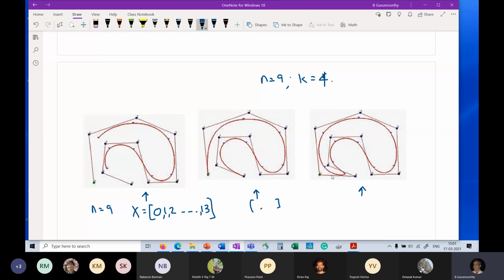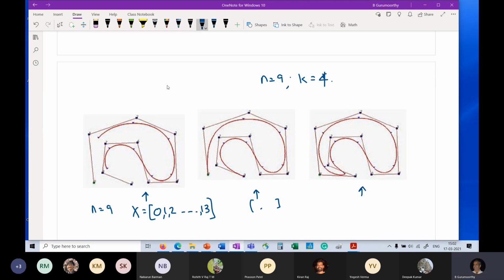So I add one more endpoint here, and that becomes my last point. Actually, looks like the last point should be somewhere over here, because that's when it will be tangent to the first and the last segment, right? So this is the last and the first segment here, 0, 1 or 8, 0, whichever way it is. Right?